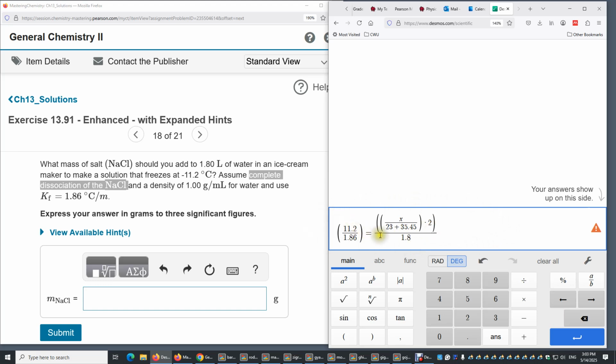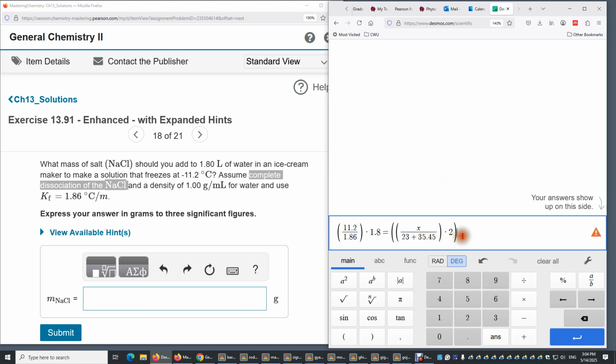Now all we need to do is to solve this equation. Now both sides multiply by 1.8. We got this. Alright, and then both sides divided by 2.